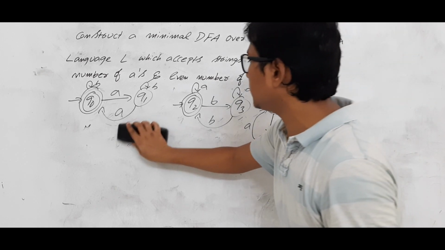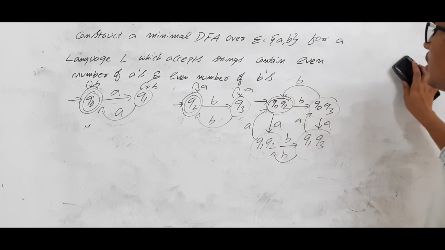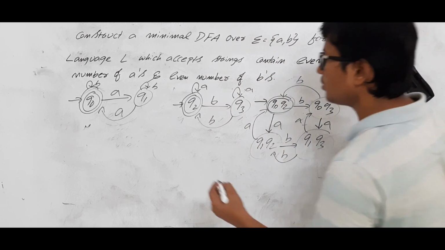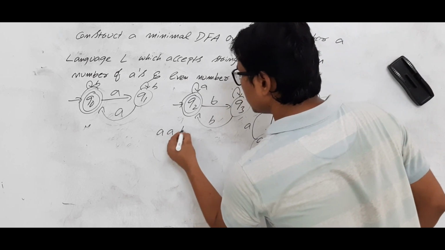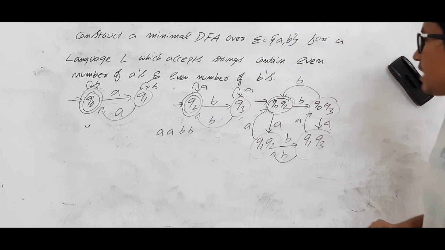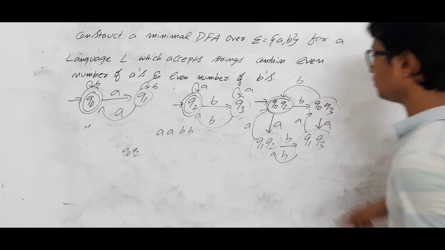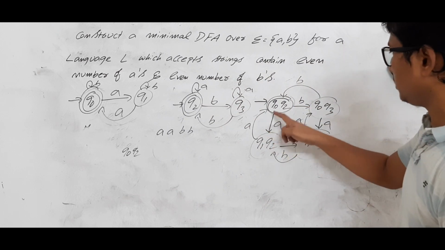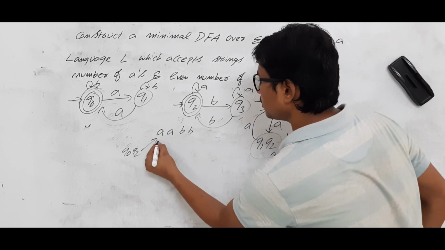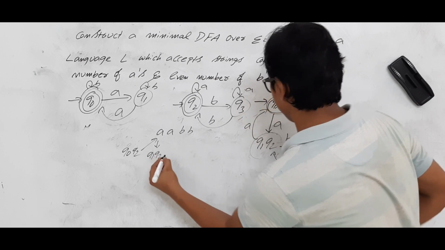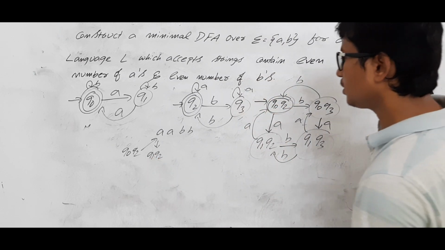Now let me check whether our DFA is correct or not. We'll take one example, an even number of A's and an even number of B's, and check whether it is accepted. Q0, Q2 on A, where is it going? It is going to Q1, Q2.